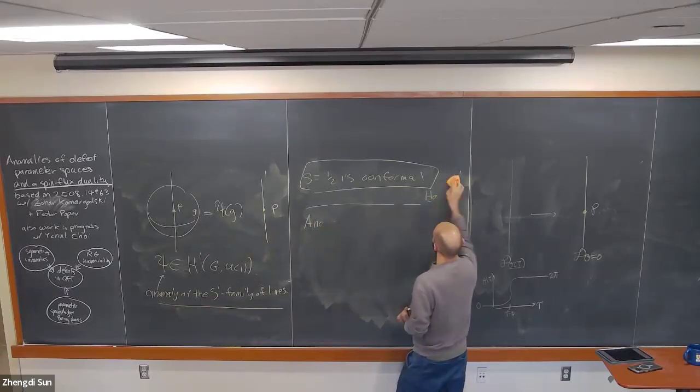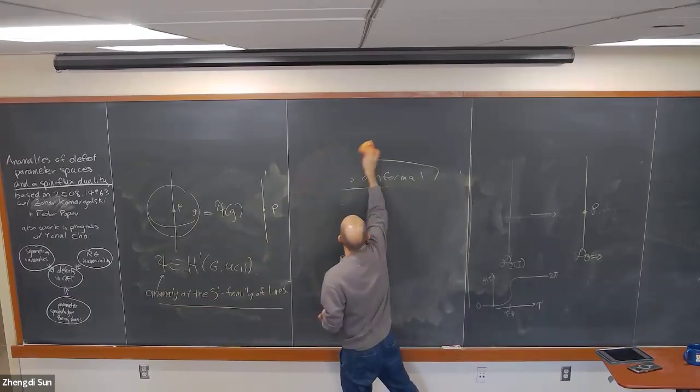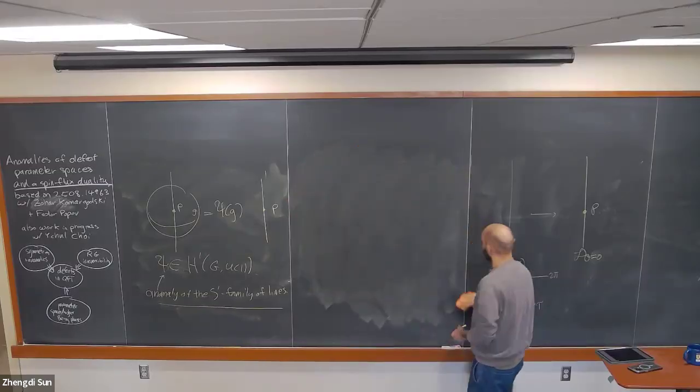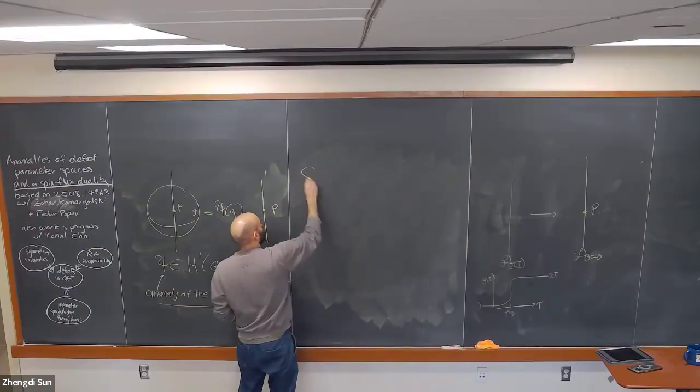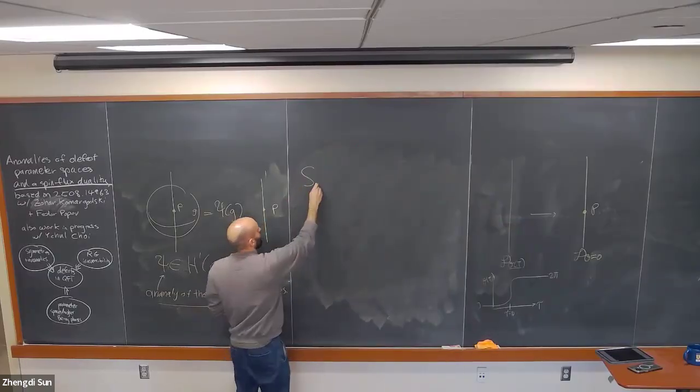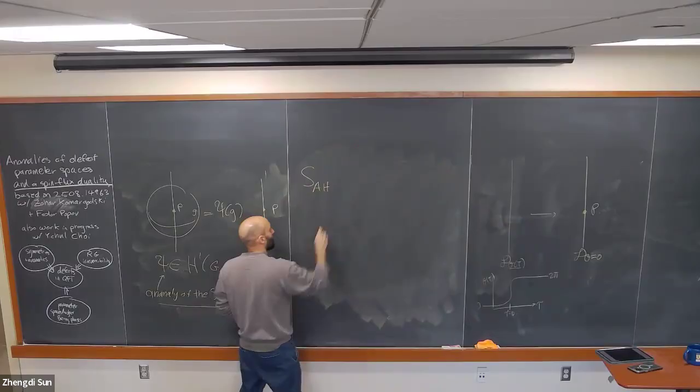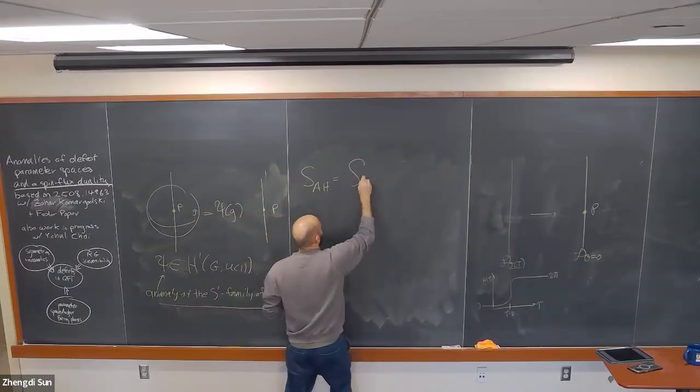So maybe it will be helpful to do it in an example. I'll also maybe explain how to diagnose the anomaly in a more conventional way. So let's take as our model in the bulk the abelian Higgs model.